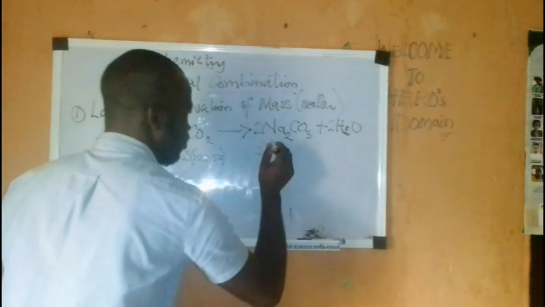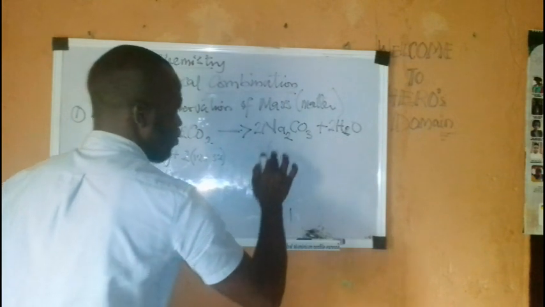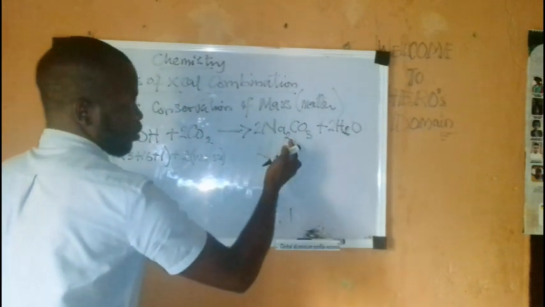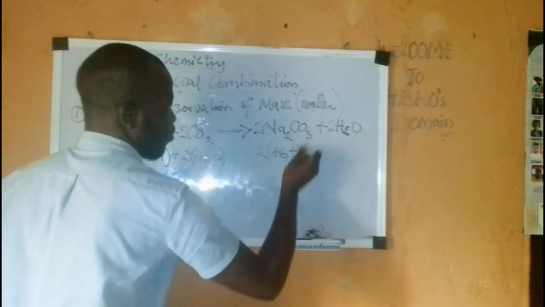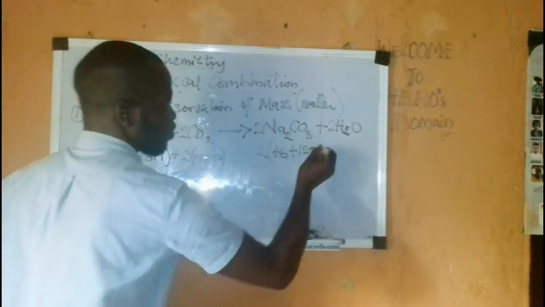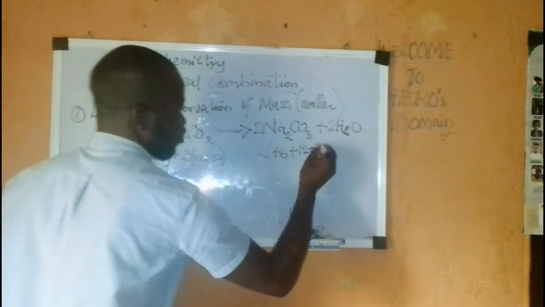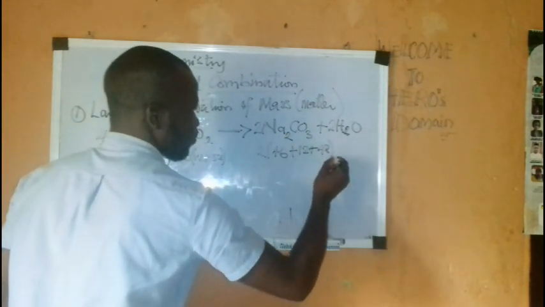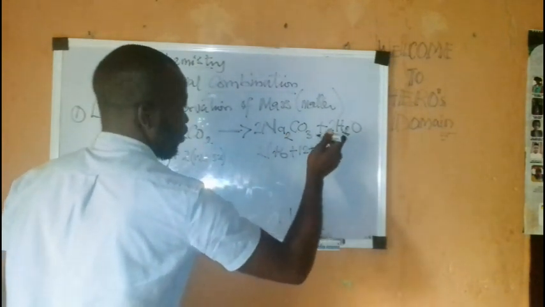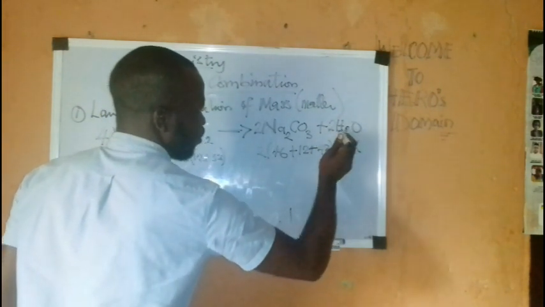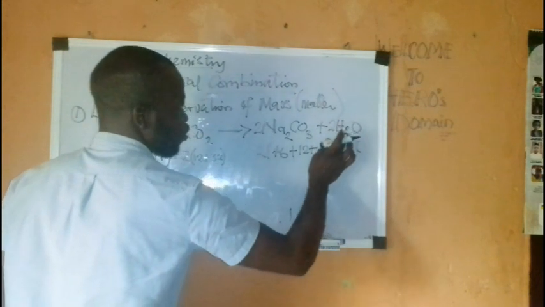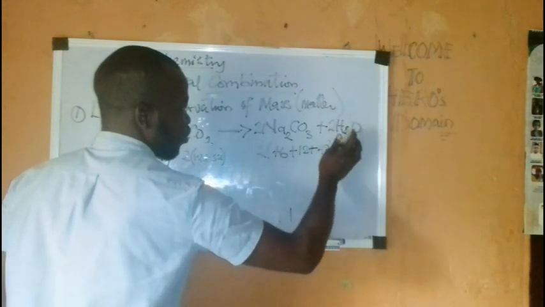So this is 2 into sodium, which is 23, so multiplied by 2 is 46. Carbon is 12. Oxygen, 16 times 3, is 48. And then for water, this is 2 into hydrogen, which is 2, plus oxygen, 16, which gives 18.